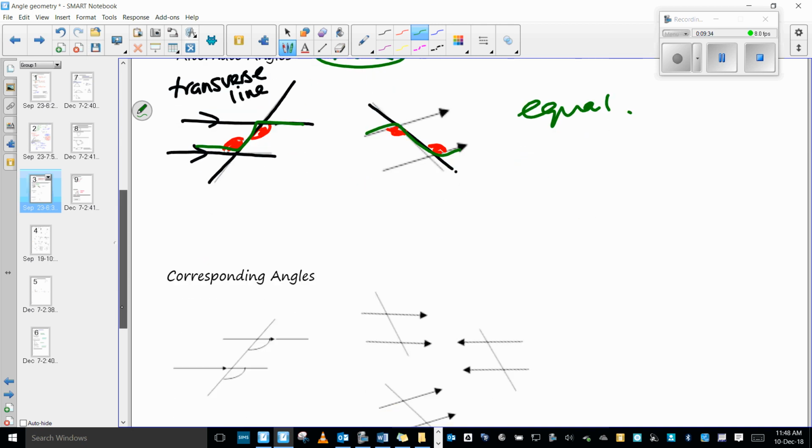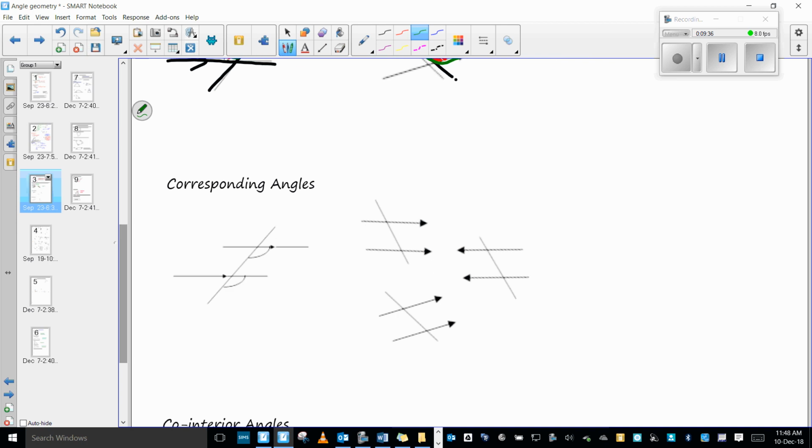Très bien. Corresponding angles. Again, it's based on the parallel lines and the transverse line. So there's my parallel lines, there's my transverse. These angles here are corresponding to each other. You can see that they are on the same side of the transverse line as each other, and both hanging down from the parallel lines.